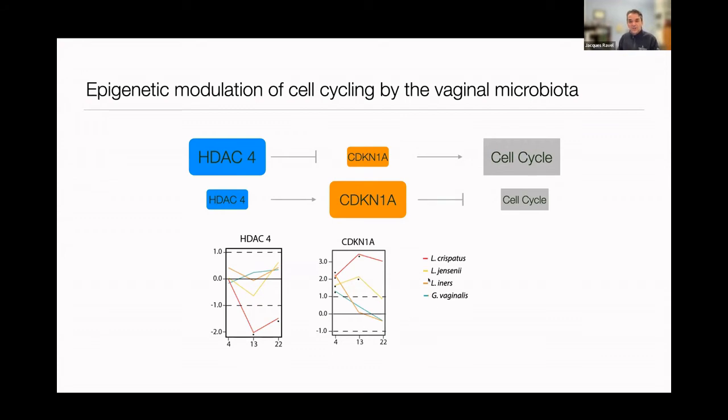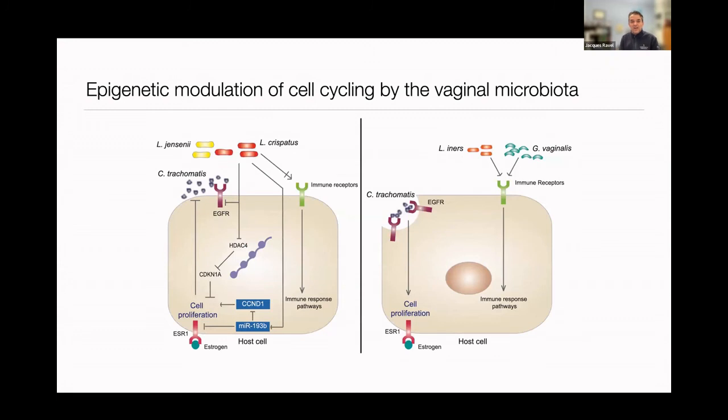But you can see also that Lactobacillus iners was not able to inhibit histone deacetylase the same way that Lactobacillus crispatus was. So now we have a much better understanding of how the microbiota is affecting the host cell in the protection against chlamydia.